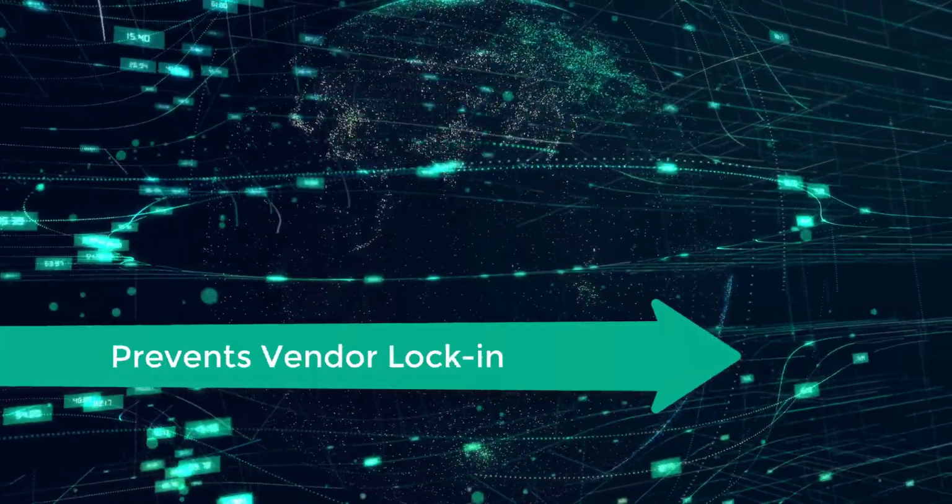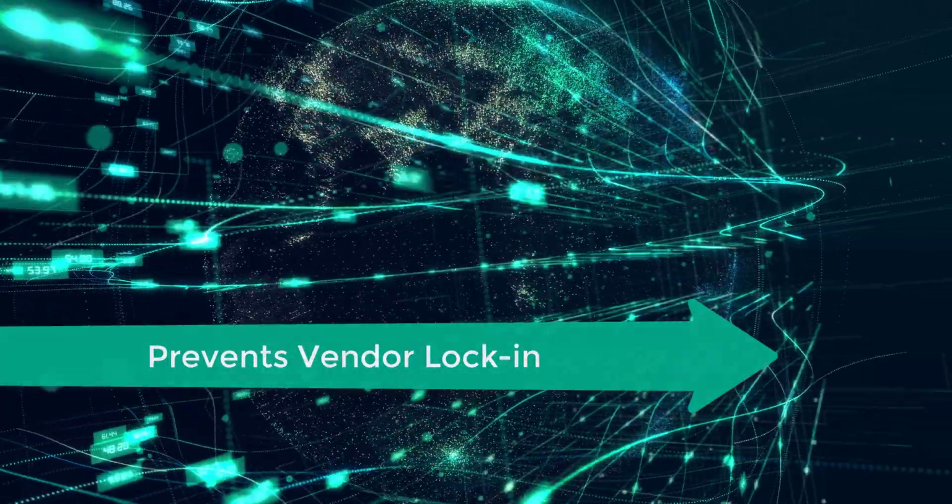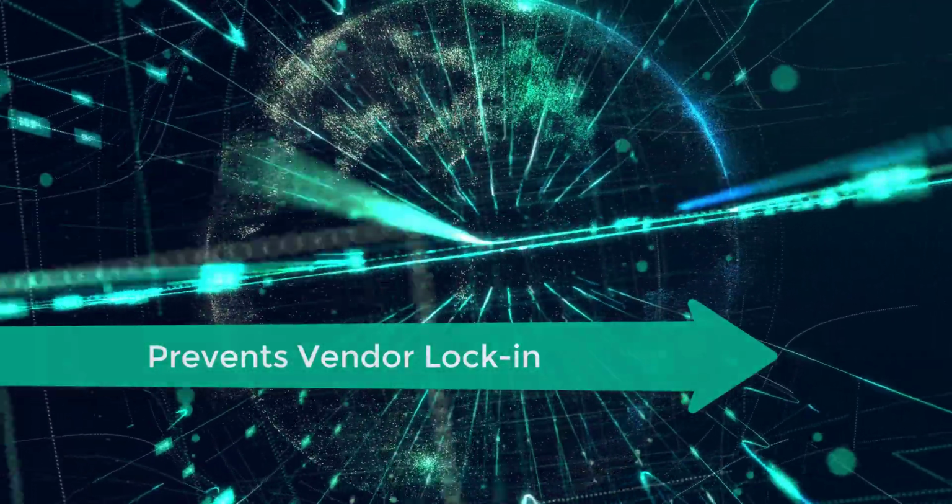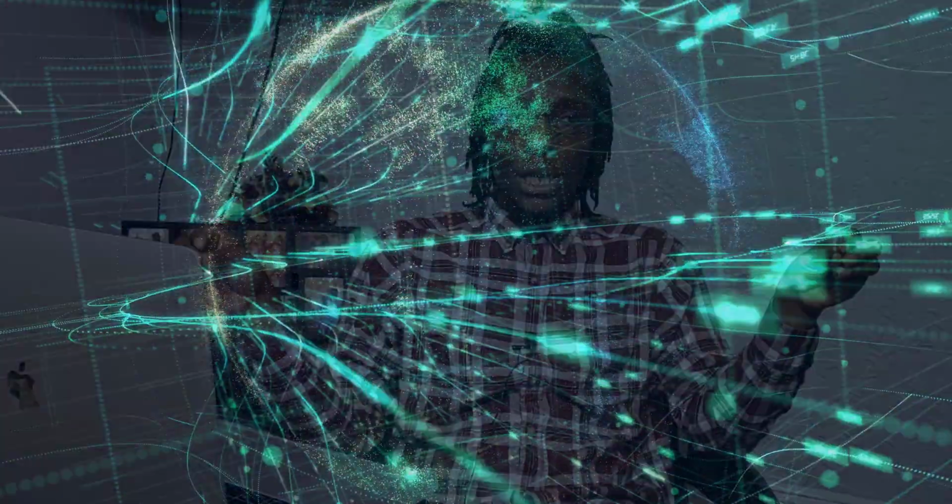The OriginTrail decentralized network also prevents vendor lock-in. Because of its decentralized nature, anyone can build on top of it, so it allows you to test and try different solutions freely. If you're using Hyperledger today, you're pretty much locked into Hyperledger if you plan to share with another Hyperledger network.